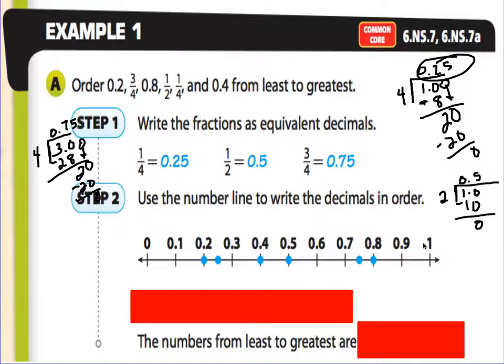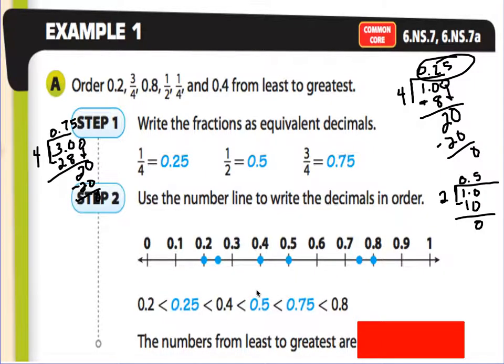Now I can plot them all on a number line, and I can see their order, okay? Because 25/100 is larger than 2/10, and then I can plot the rest of them. Or what I can do is actually list all of my numbers now. So I have 0 and 2/10, 0 and 25/100, okay, because that's the 1/4.